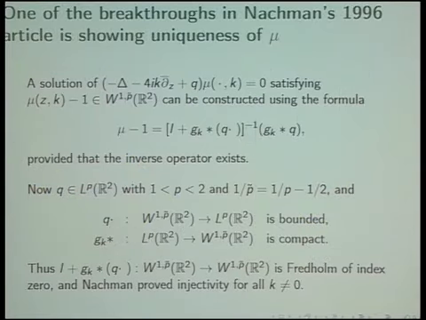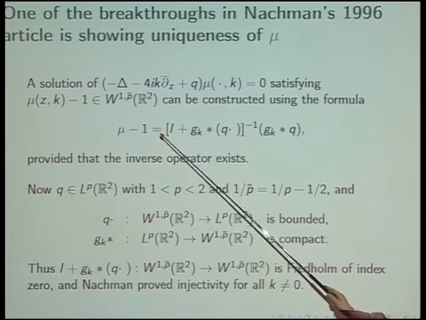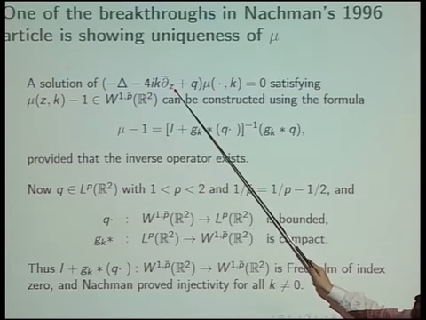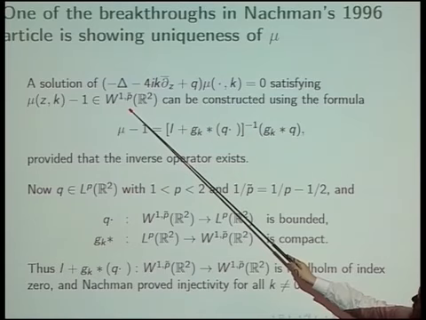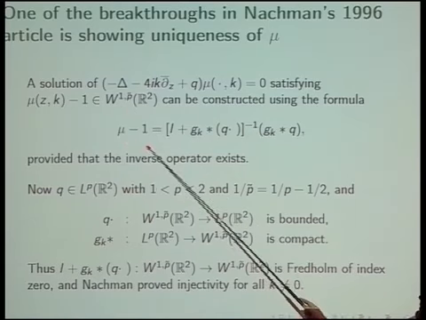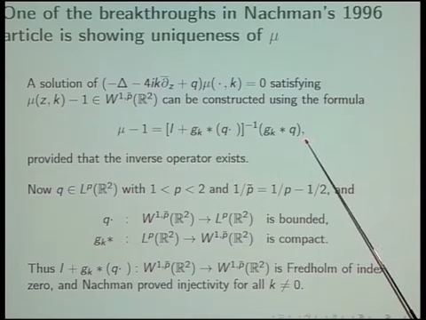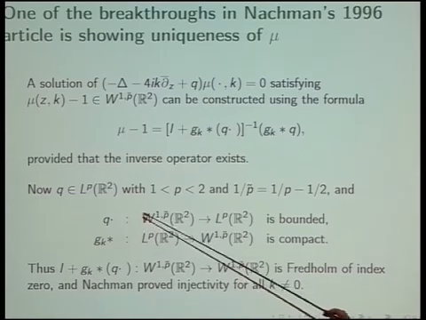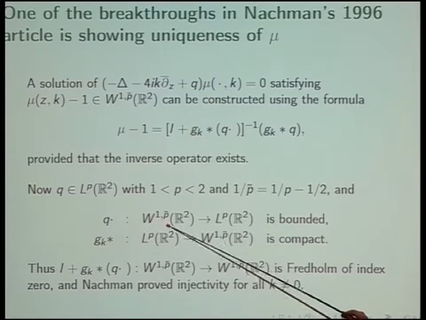Okay, the construction then, we would need to construct mu satisfying this one with this asymptotic behavior. The way Nachman did it is he defined mu minus 1 as this function here. Of course, it requires some technical work to see that this is possible. First of all, multiplication by q pointwise is a bounded linear operator from the Sobolev space to L^p.